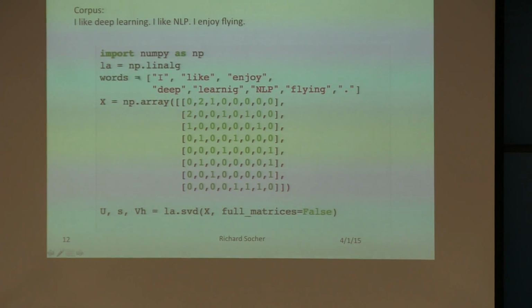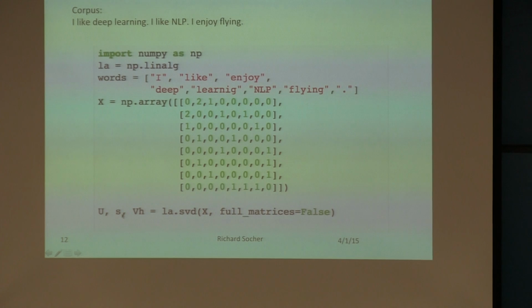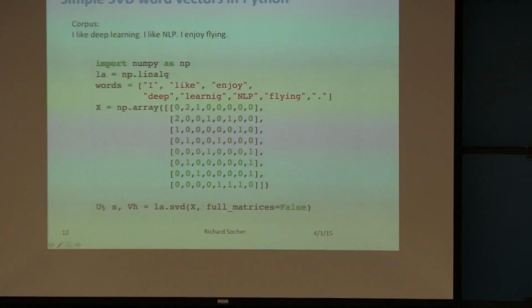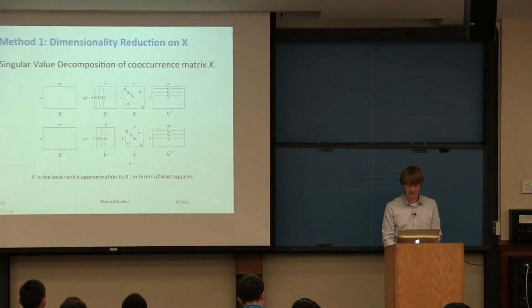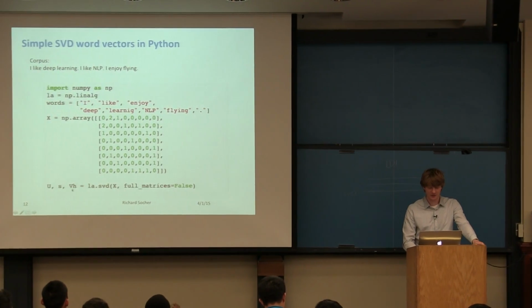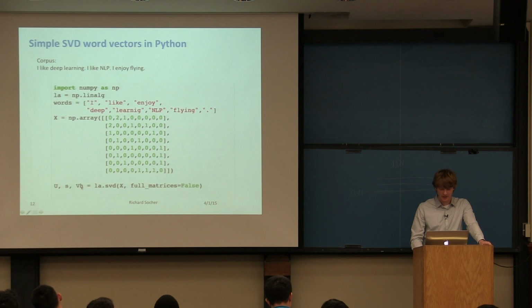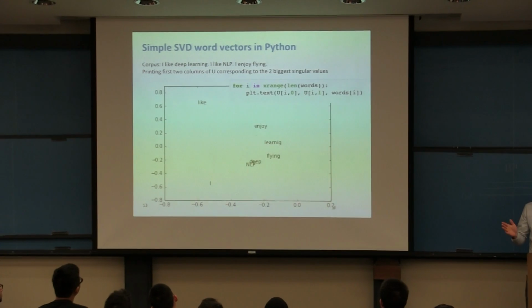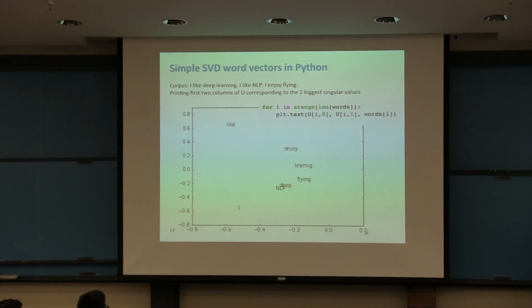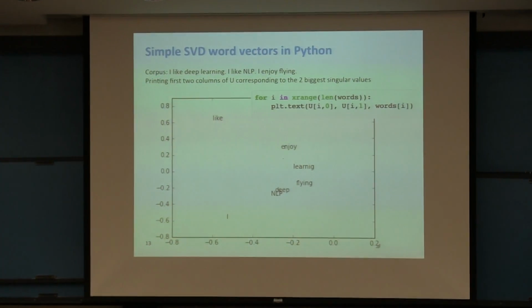Now, all we need to do is fire up NumPy and its linear algebra library and call SVD on literally just that matrix. That will give us our left singular vectors, so this matrix of vectors. S here is just the diagonal of the matrix S, so it can be represented as just a vector, and V. So now, this is literally all we need to do to get the simplest type of word vector representation that is low dimensional.